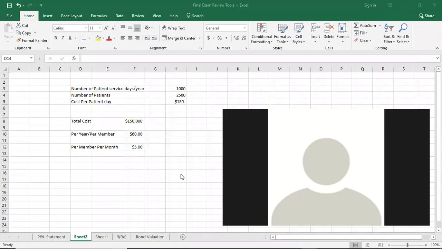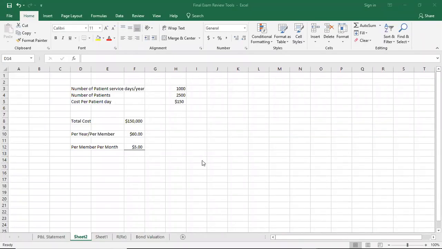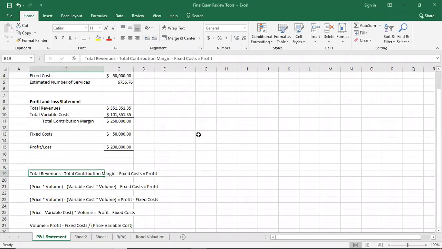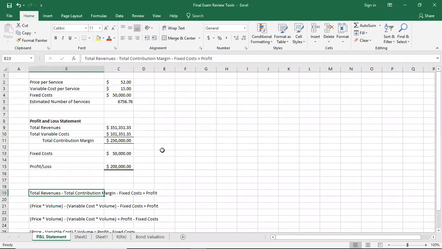Could we do a break-even problem solving for price? Yeah, you can do that. All right. So once again, we'll come back here, and it might give us a total number of patients that we're going to see.